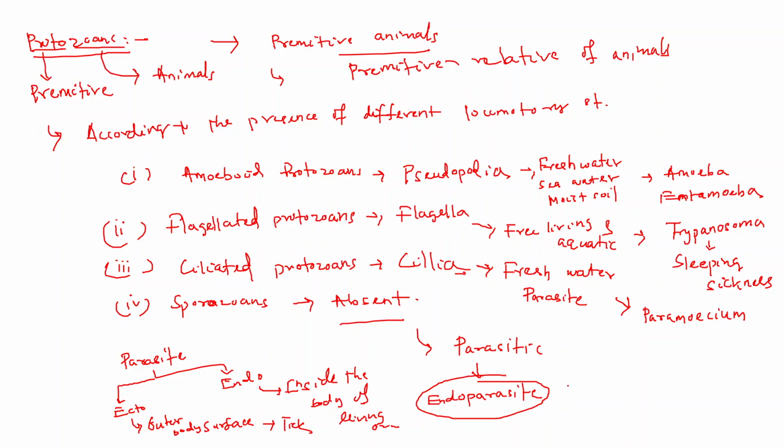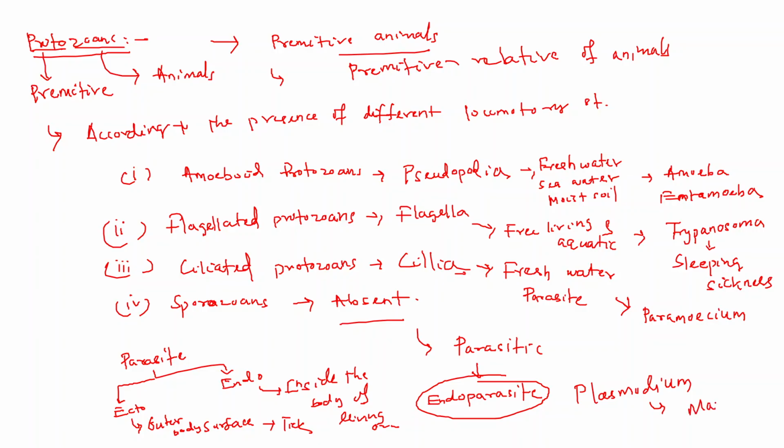One famous example of these sporozoans is plasmodium, which we know from our childhood, because malaria is the most common fever in childhood, and it is caused by plasmodium, a sporozoan.